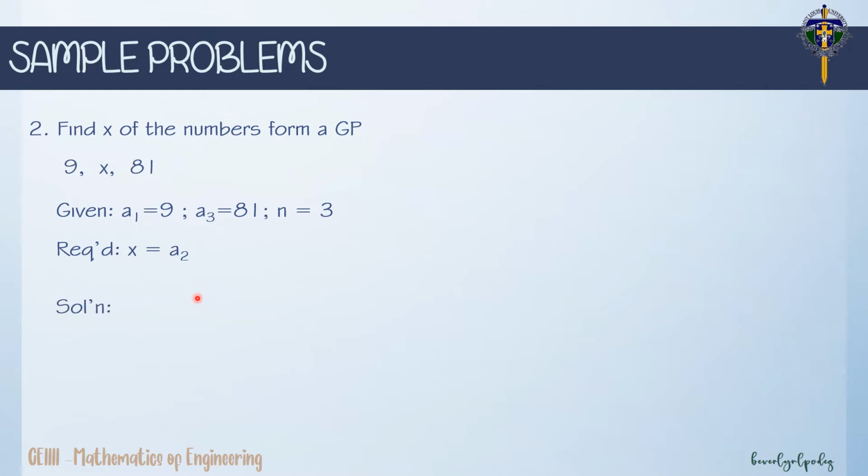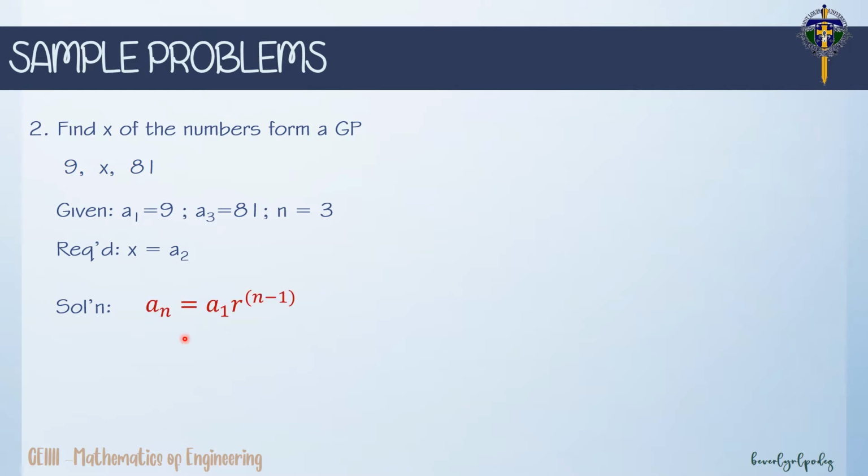For the solution, if we know the common ratio, it would be easier for us to get the value of a2, since we will only multiply the first term by the ratio. But the problem is we do not know the ratio, so that's the first thing we have to find, the value of r.